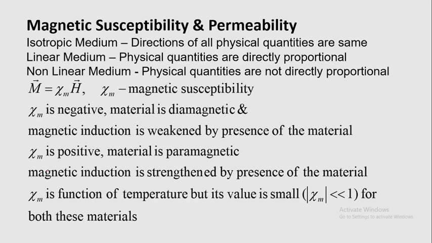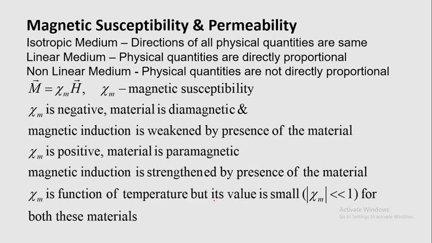Coercivity. Coerce means to oppose. From here to here, it was opposing the demagnetization. Finally, at this point it has become demagnetized, and the value of that H is called the coercivity. Then again, if you make it more and more negative, you will find it increases like this.